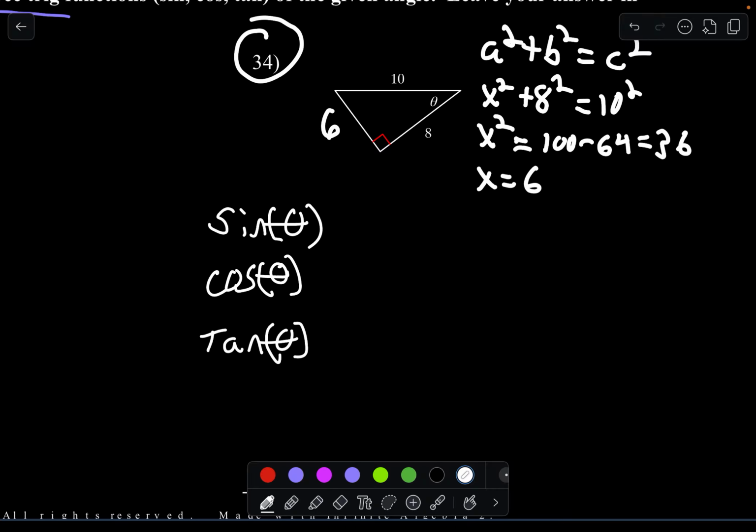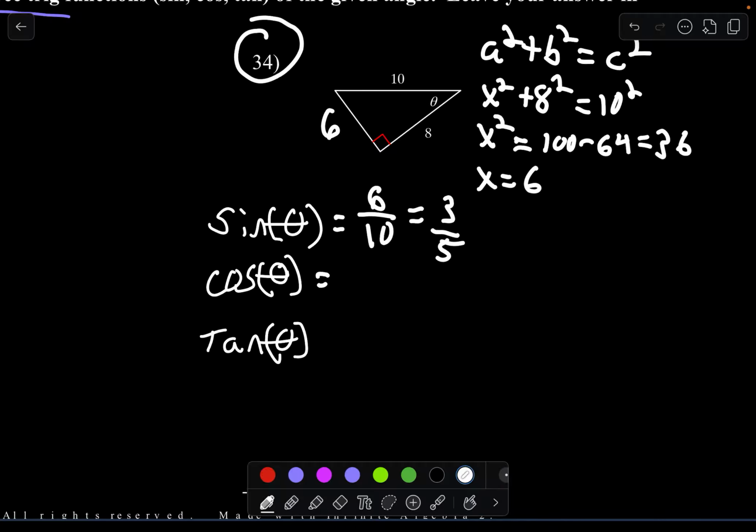So now, sine of theta, remember we have to always pay attention to where our theta is. It's right here. Sine is opposite over hypotenuse, so this is going to equal 6 over 10, which reduces to 3 over 5.